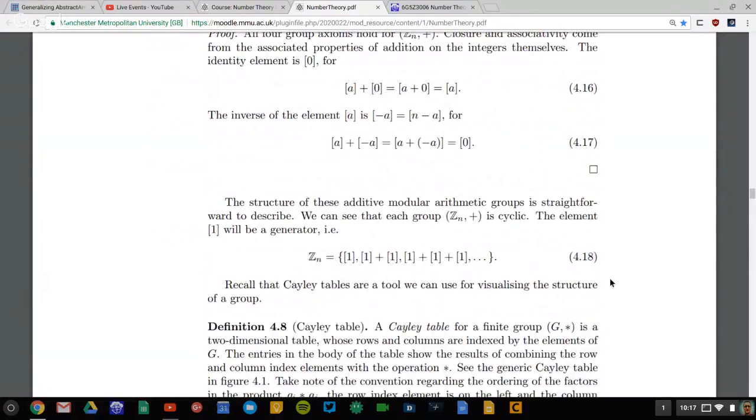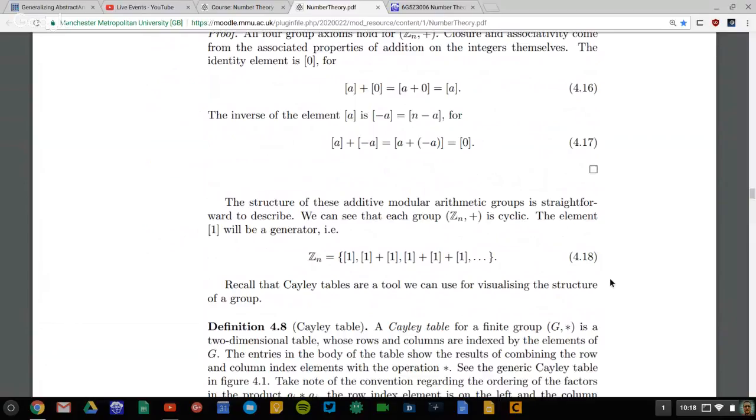Now, it's not a particularly complicated group. In fact, it's what we know in group theory as a cyclic group. That means a cyclic group is generated by one of its elements. Because you notice about Zn, if you take the congruence class of 1, the congruence class of 2, which of course is 1 plus 1, the congruence class of 3, 1 plus 1 plus 1, every element in the set can be generated from this one congruence class by just adding it to itself the appropriate number of times.